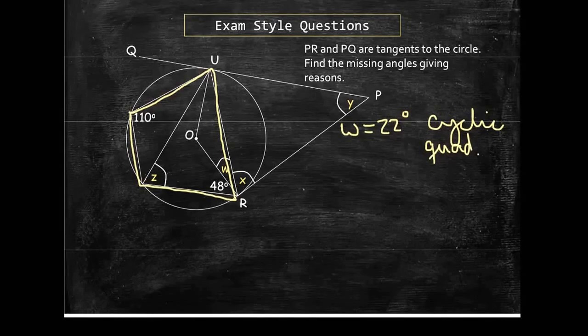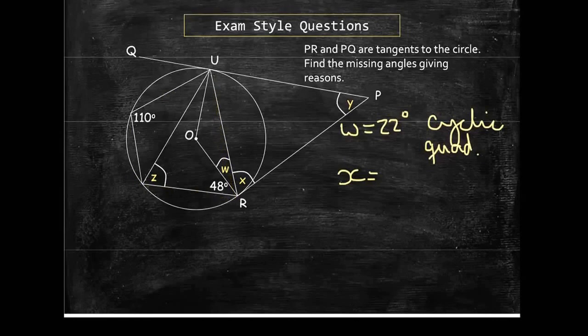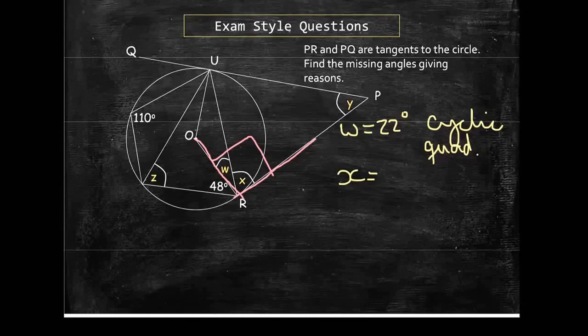Okay, angle X. Let's see what we can find out about angle X. Remembering that we know angle W now as well. Can you see straight away down here, we've got a tangent meeting a radius. So we know that this entire angle must be 90 degrees. We know that W is 22.